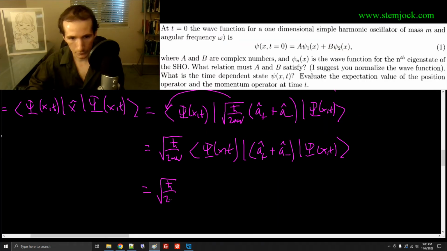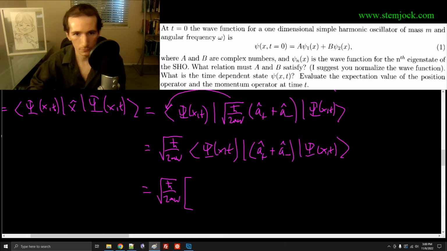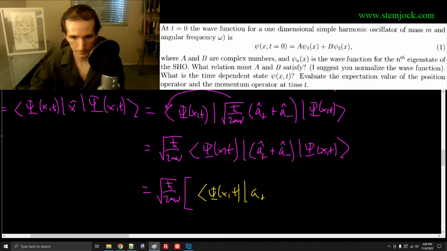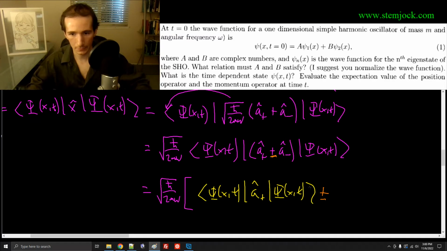Square root of h bar over 2mω, and now I'm going to use two colors here. For the first term, I'll have bra psi(x,t), a_plus, ket psi(x,t), and the second term, because I have a plus here, this plus sign is this plus sign here.